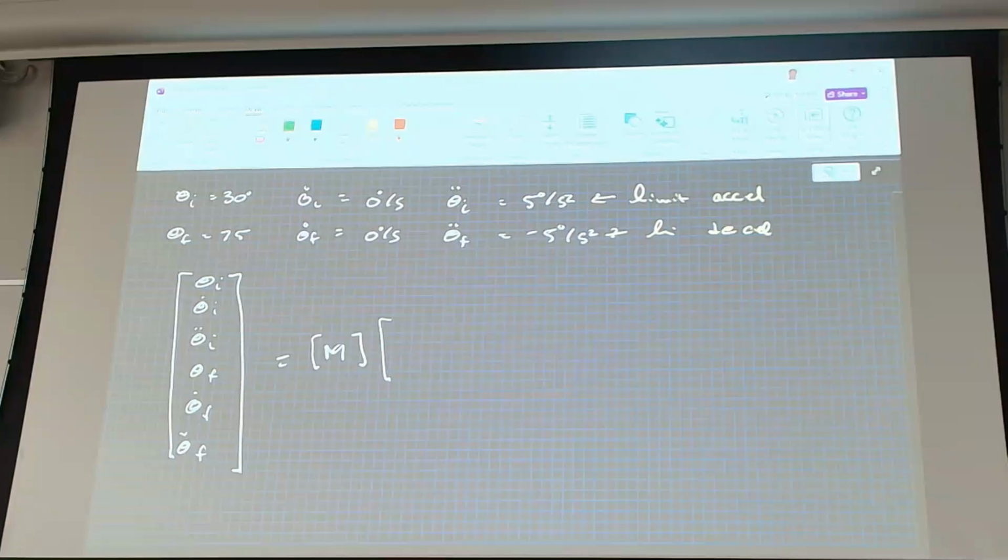And then we're going to have C0, C1, C2, C3, C4, C5.